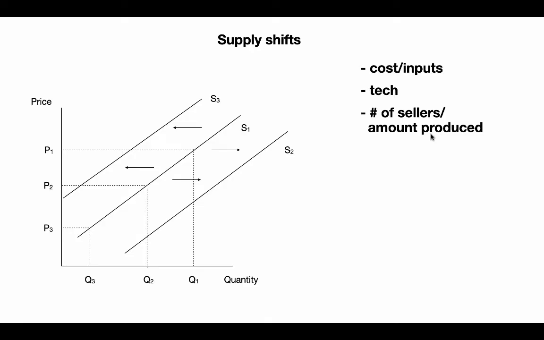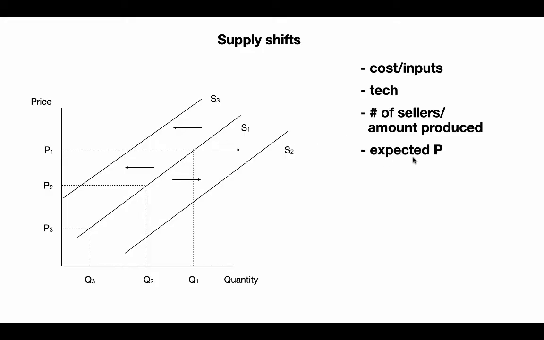So we could have an example where this is the supply of some agricultural good and we have some kind of harvest, either decline or increase, or some kind of natural disaster. So lots of different things could affect the total amount in this market that gets produced. If we just literally destroy supply, so we have a bad harvest, let's say, well, that's just a decrease in supply for the market. So lots of things can cause that market supply to change. So I'm kind of lumping it into the amount of supply or the number of sellers.